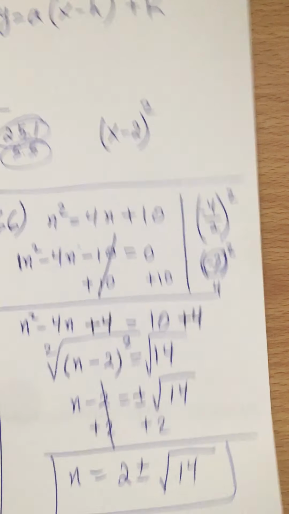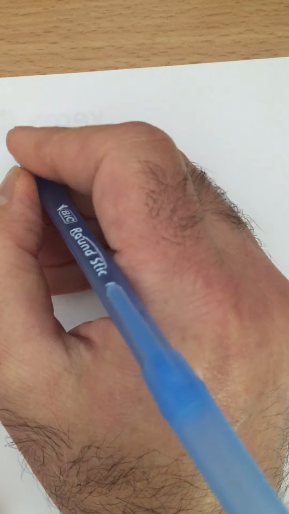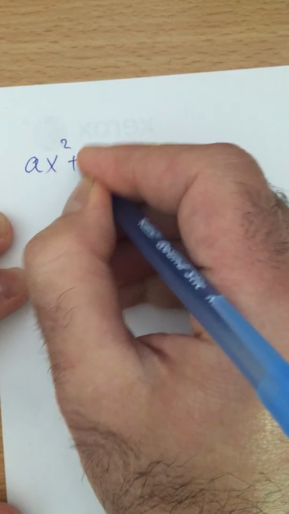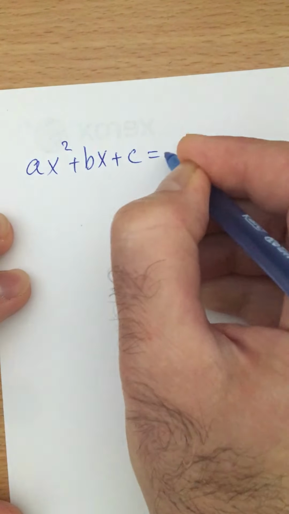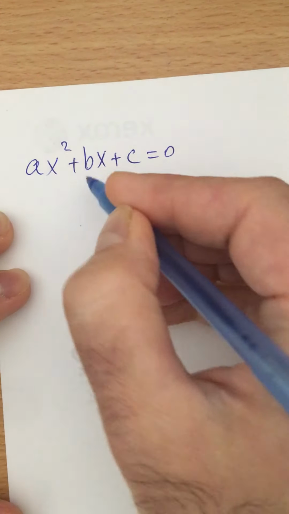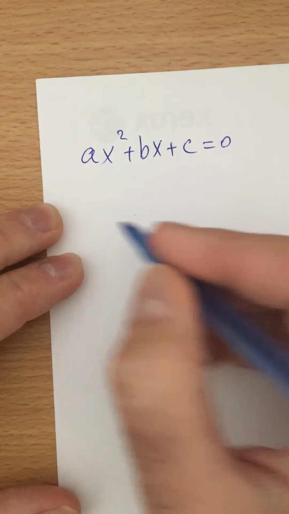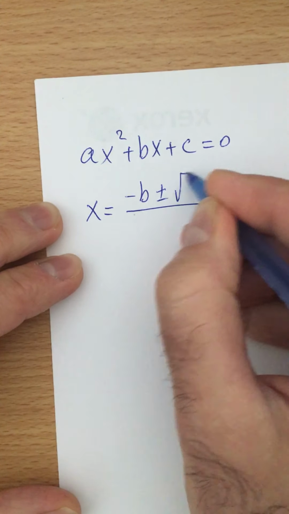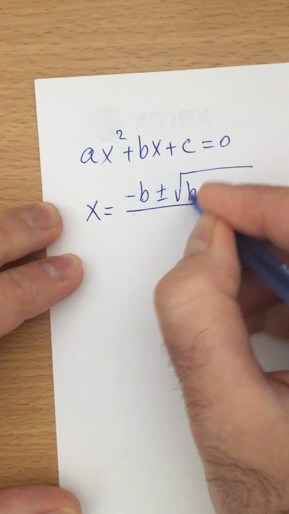Now let's solve a quadratic equation by the method of quadratic formula. If we have this equation, ax squared plus bx plus c equals 0, and if you complete the square on this, you get the quadratic formula, which is this, which I'm sure everybody remembers, the good old days.